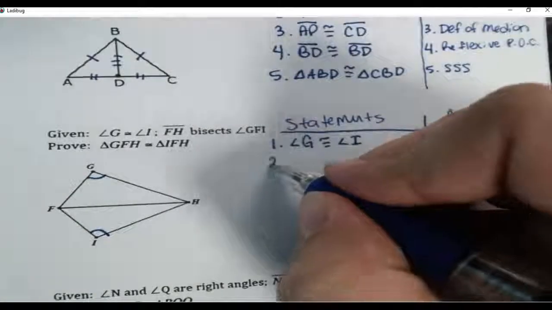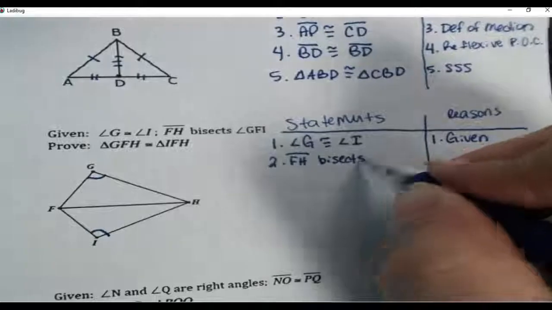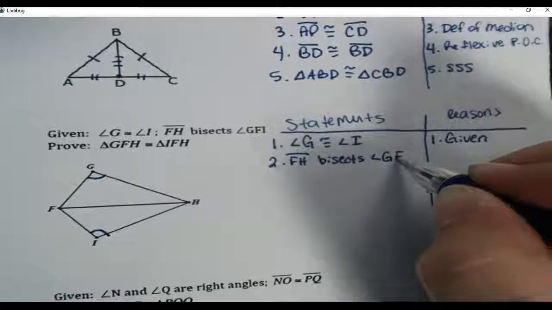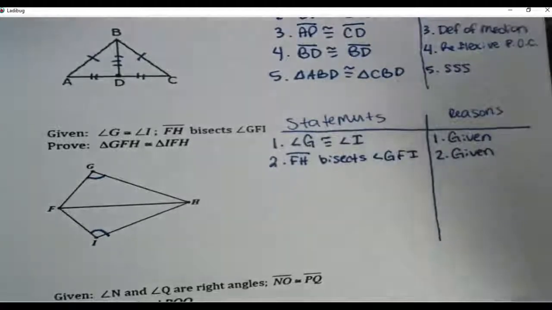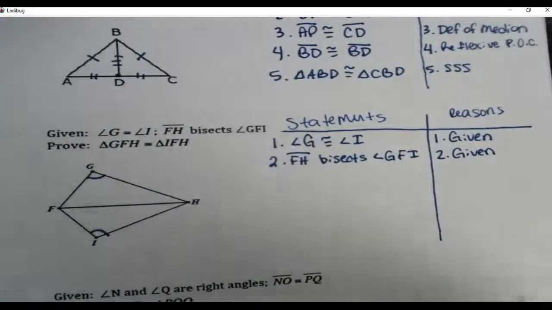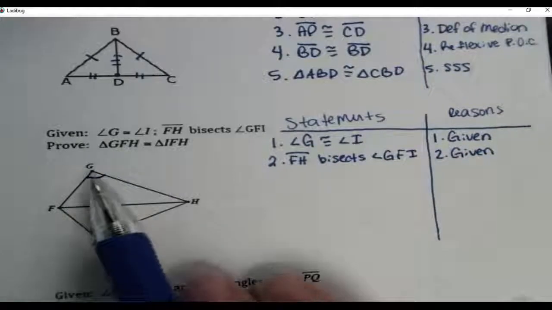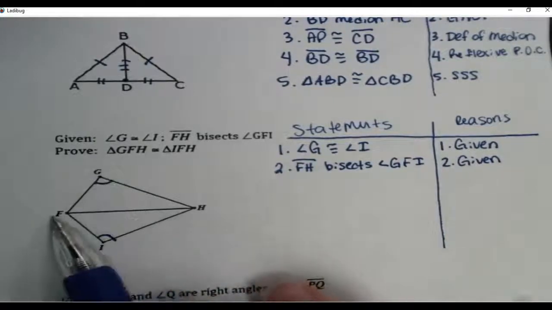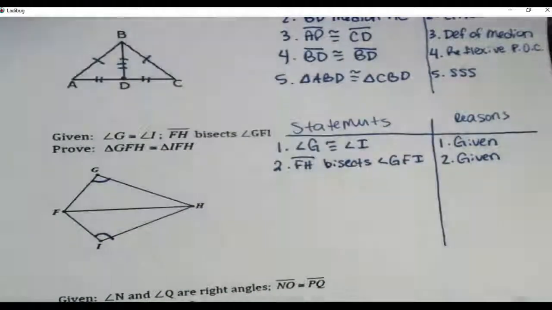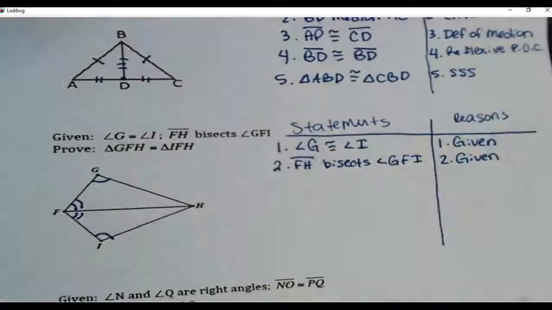The next thing that we're given is FH bisects the angle GFI. What does bisect mean? Good, it cuts it in two. So it cuts it into two equal pieces. So GFI is this big angle over here. So when it bisects it, it cuts it into two equal pieces. So that means the top of this angle is congruent to the bottom of the angle.